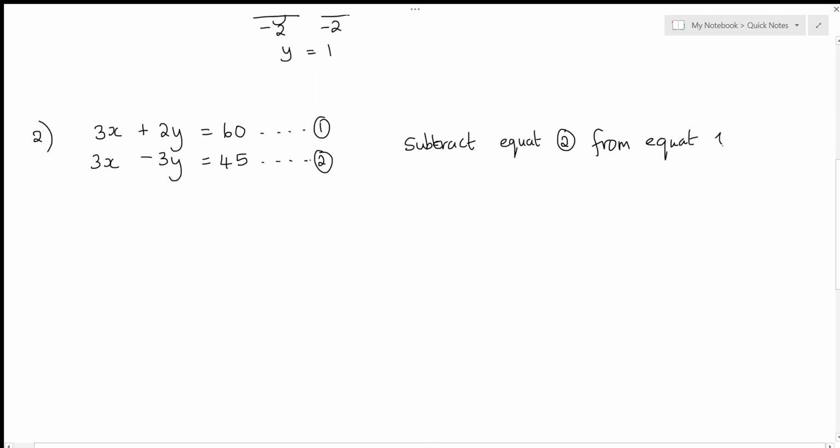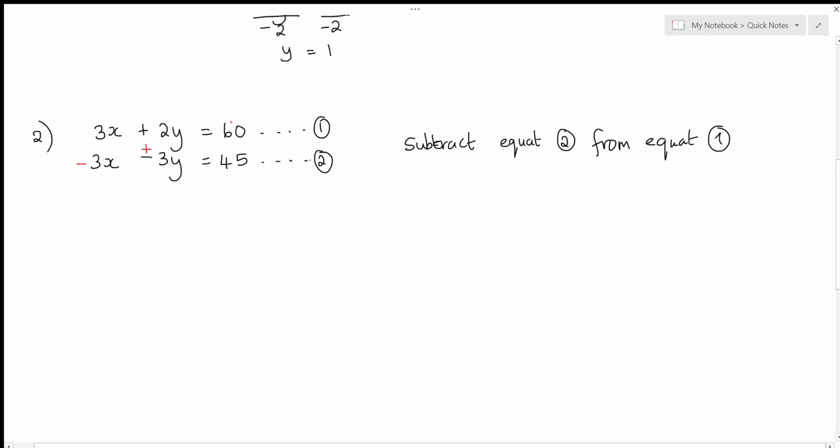So I'll use a different color. And remember, when you subtract, each term has to be subtracted. So here we have 3x minus 3x, and 2y minus minus. If you go minus minus, it will become a plus.